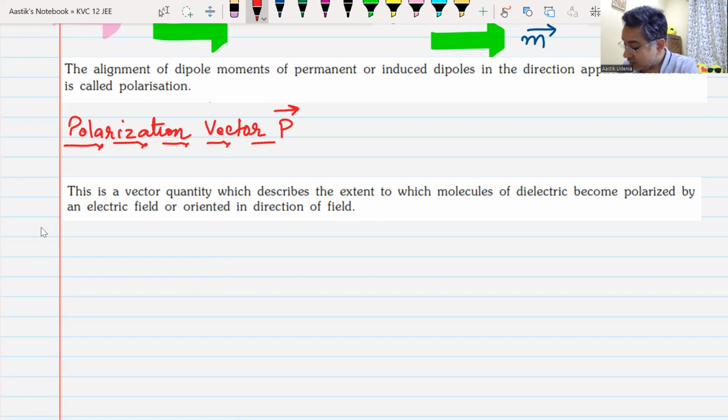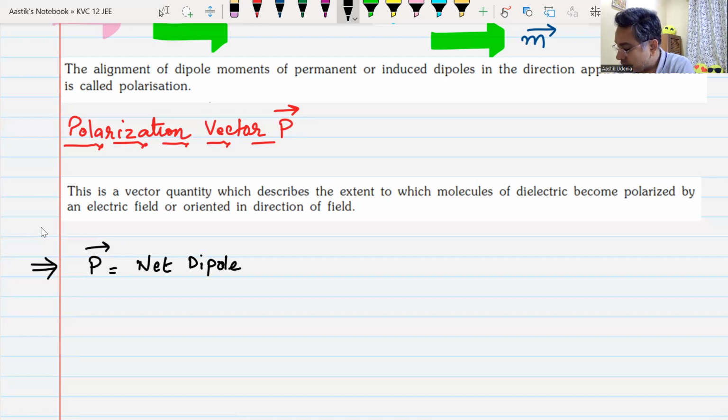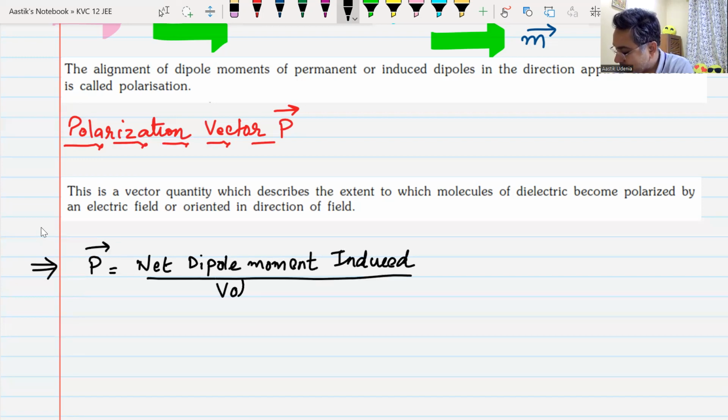Now, again, how do I find this vector? This polarization vector is the net dipole moment which is induced per unit volume.